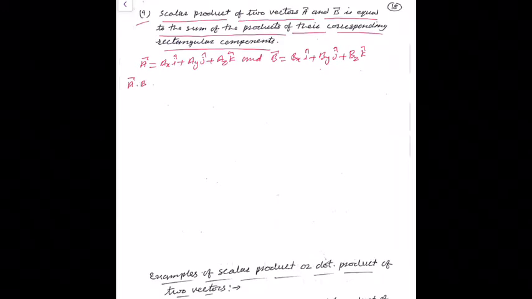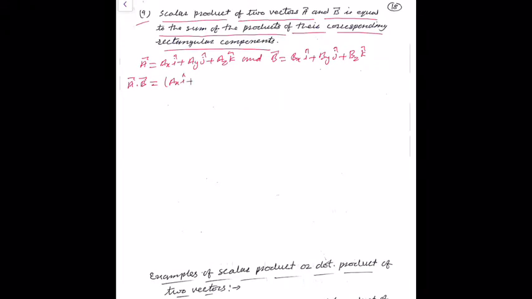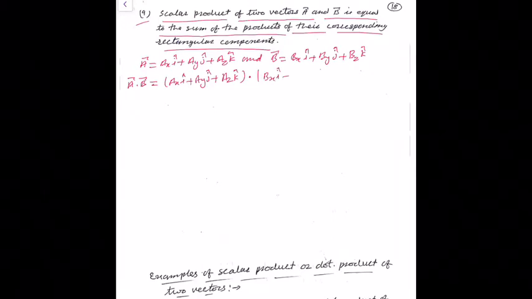So a vector dot b vector is equal to (ax i cap plus ay j cap plus az k cap) dot (bx i cap plus by j cap plus bz k cap).